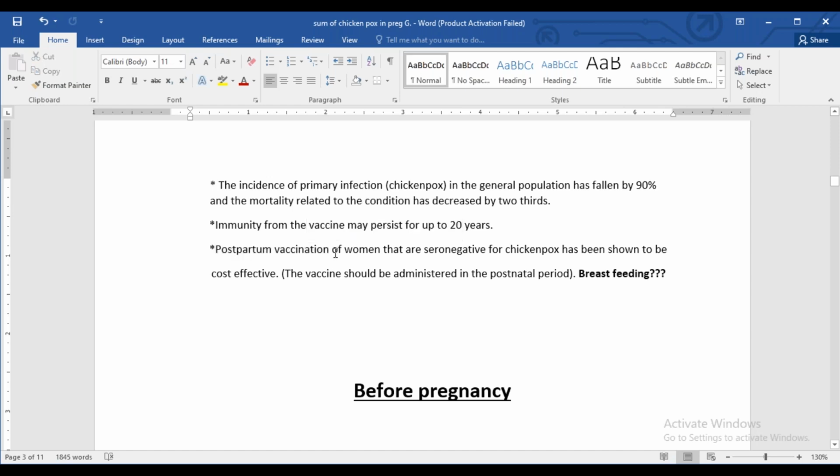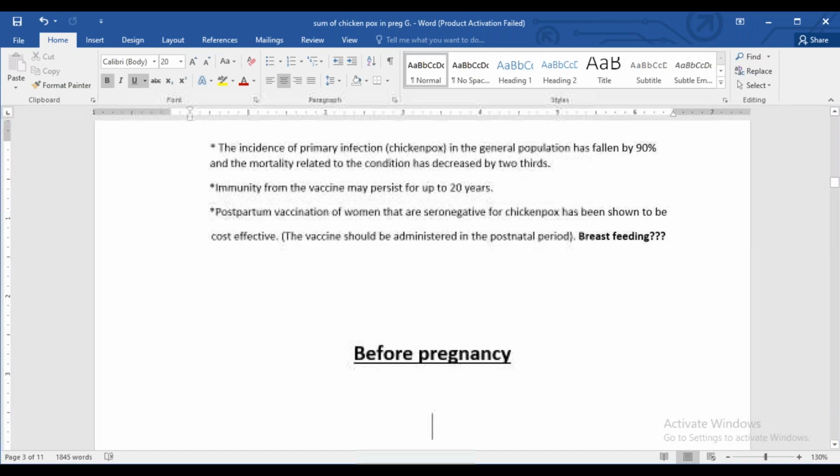And you have to illustrate that if she took the postpartum vaccination, this will not deprive her from breastfeeding her child, because some women are hesitant about taking the vaccine. Does it may cause disease to my child? It will affect me? Nothing. It's very safe to breastfeed your baby. Okay.